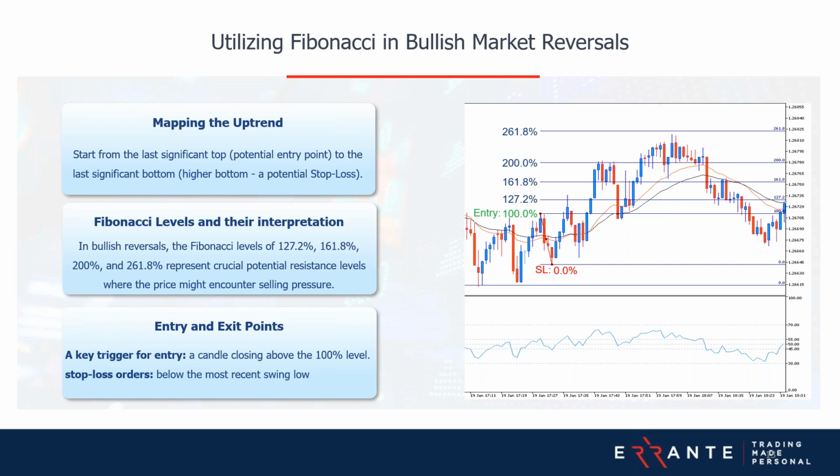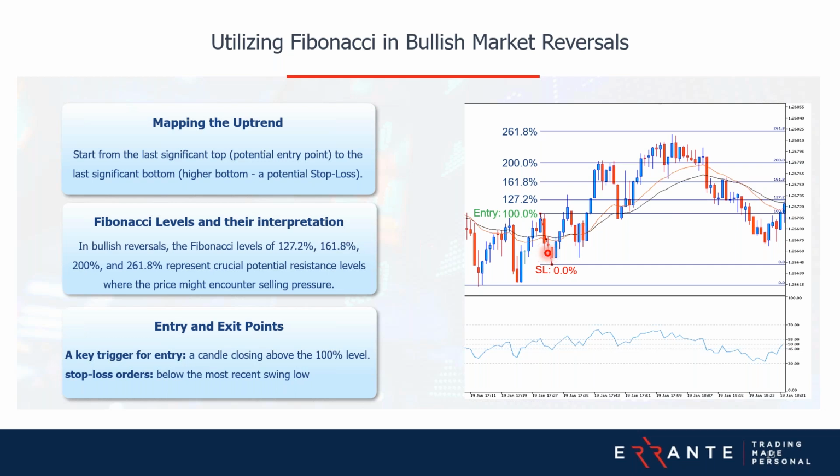Okay, so in the context of bullish reversals, the Fibonacci levels of 127.2, 161.8, 200%, and 261.8% are of particular interest.